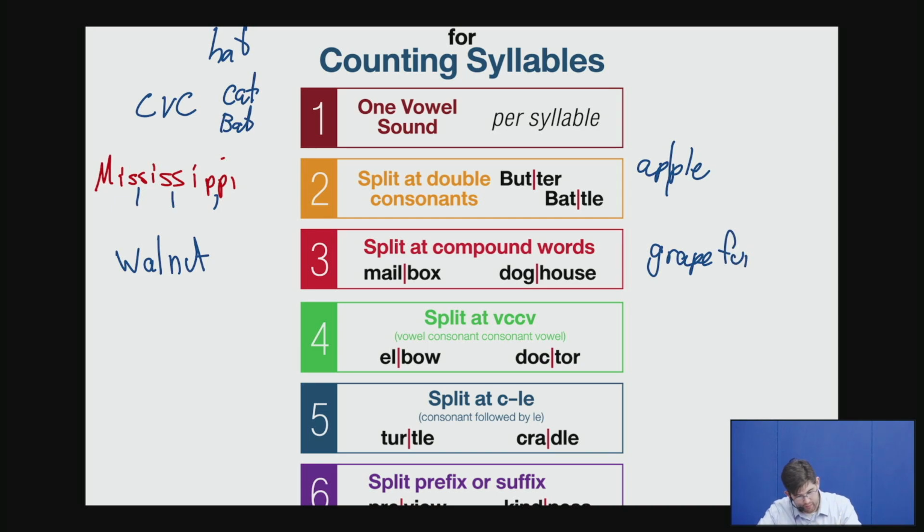Oh, I missed my R, apologies. Grapefruit. And grapefruit is, again, 2 words, the word grape and the word fruit, and we've compounded them together. And when we think about the syllables, it splits at that compounded word. We split it into 2 words or 2 syllables at grape and fruit.